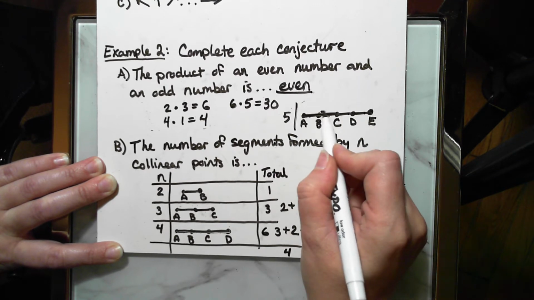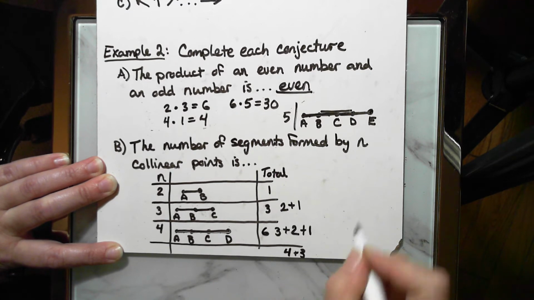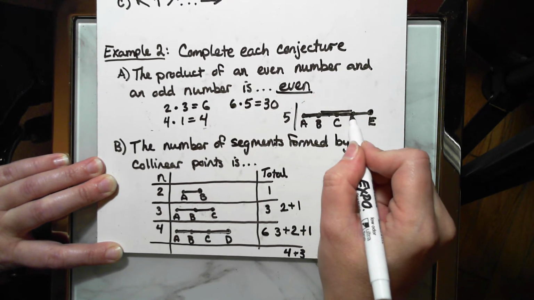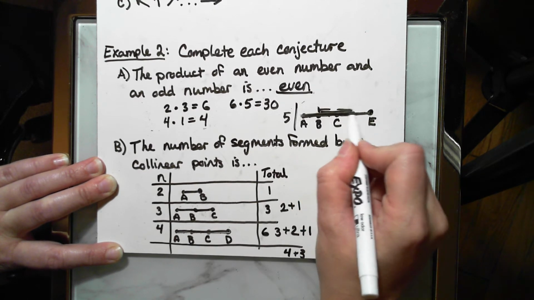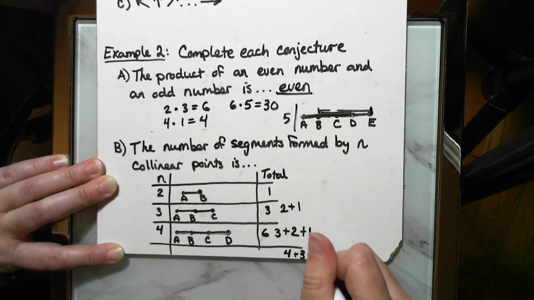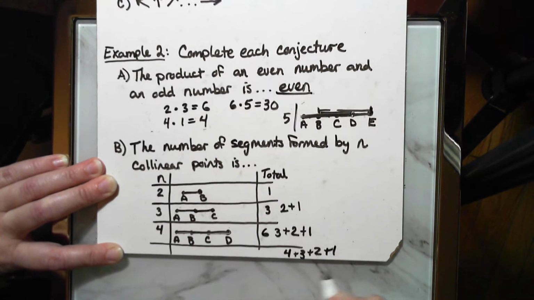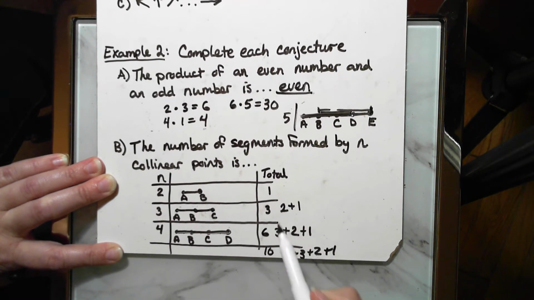So 1, 2, 3. And then the ones that are 3 parts long. So 1, 2, 3. That's this segment here. That's 1. And then from B all the way down to E, that's 2. And then I have the total segment again. So that is 10.